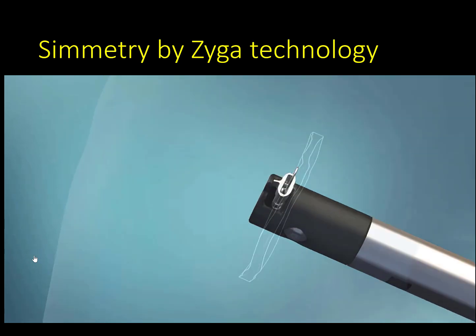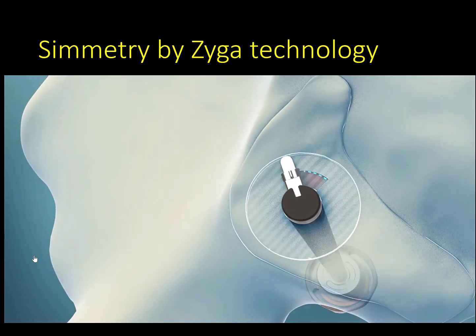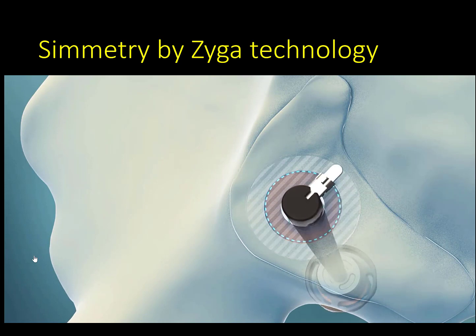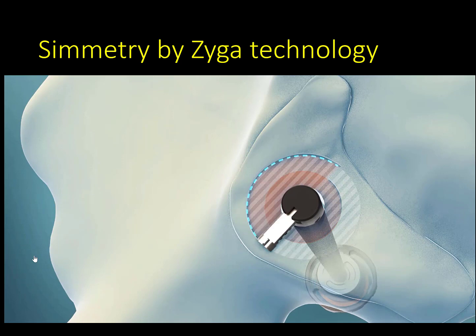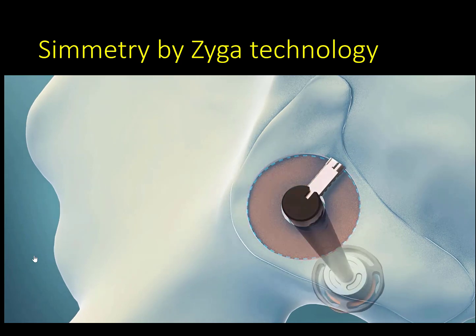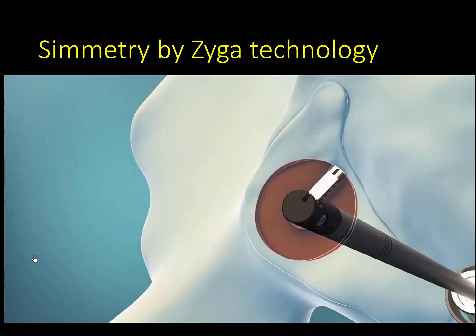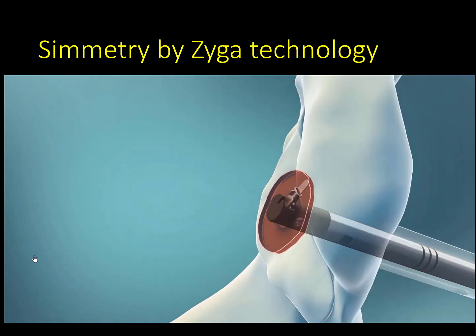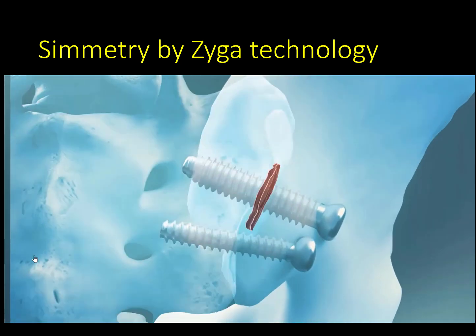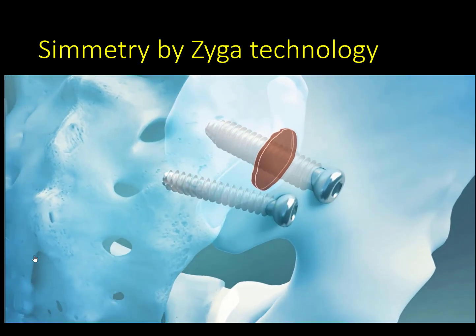The key is the Symmetry Decorticator, which removes cartilage and decorticates the articulating joint surfaces. The cavity created allows placement of bone graft. The result is a true SI joint arthrodesis and the best possibility of relief for your patients.